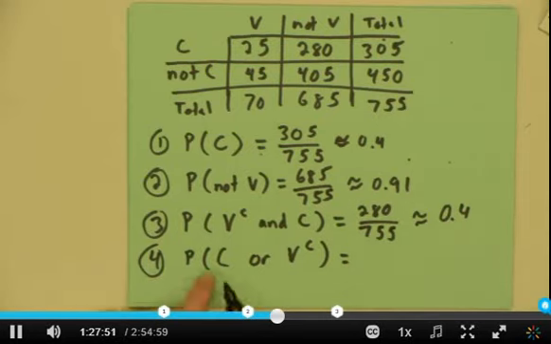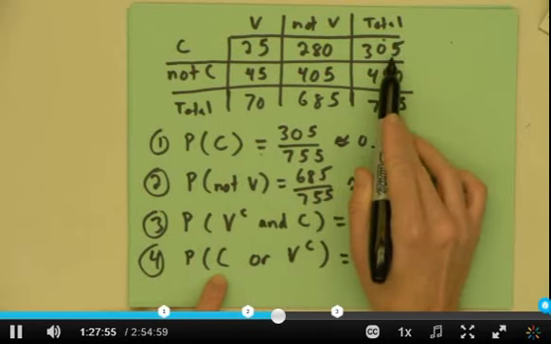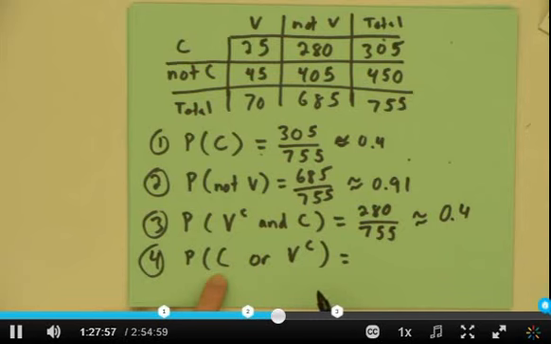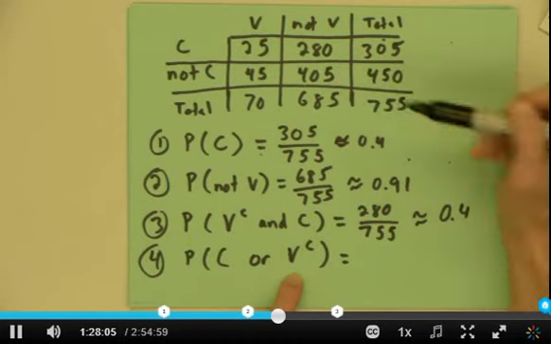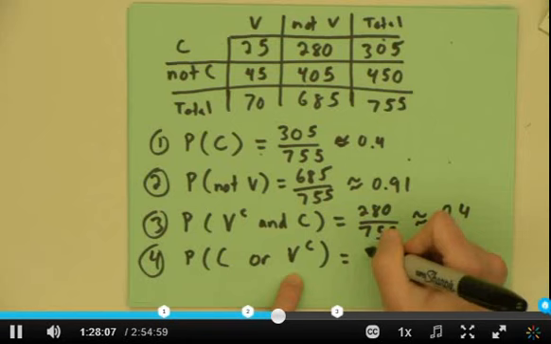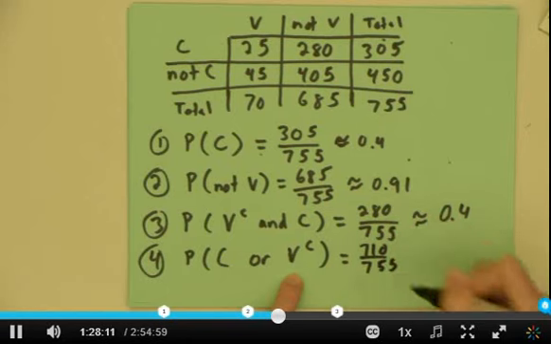Well, the probability of the cell phone user is this row, so that's 305. And the or, not V, is this one extra box. So it'd be 305 plus 405, which is 710, out of 755. That's maybe 95%. Again, just an estimate.